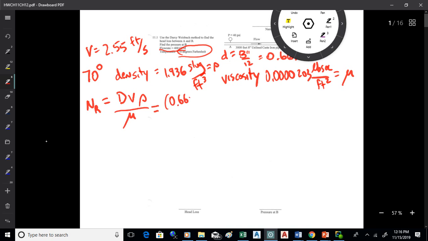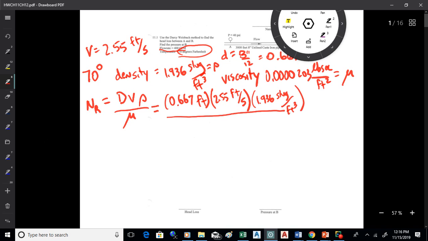So 0.667 feet, the velocity is 2.55 feet per second, 1.936 slugs per cubic foot, and then we divide that by mu, which is 4 zeros, 1, 2, 3, 4, 203, in pounds second per square foot.